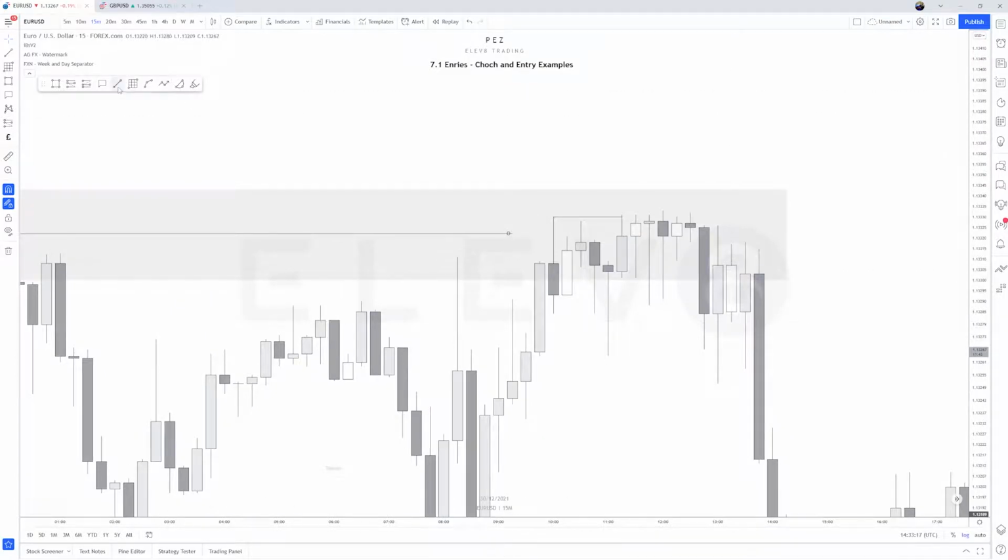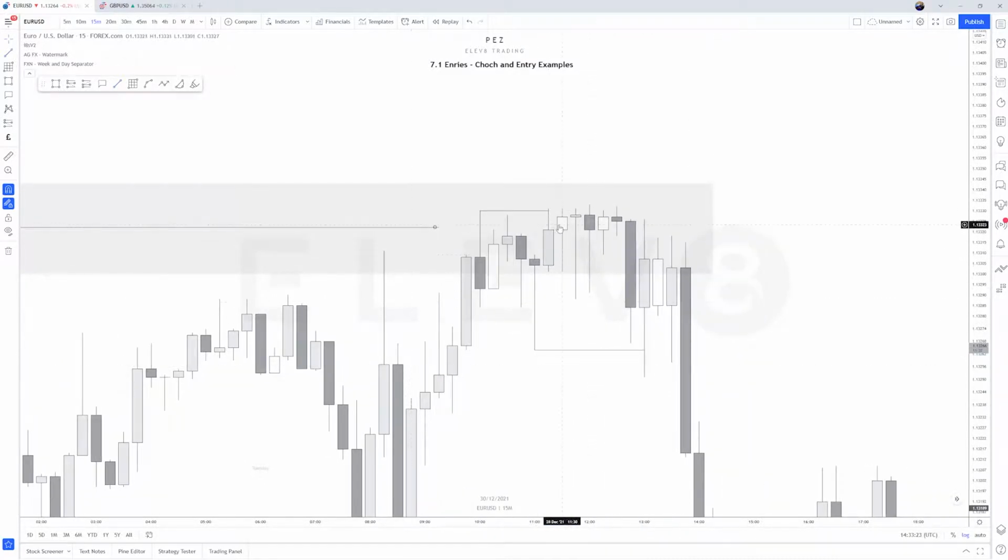And then the low we're looking to get taken is this low here, which created the high. And even though there's an inside bar, the high gets taken, but the low is already taken before. So if this low wasn't taken, then we'd use the inside bar. But as the low of the inside bar gets taken already, we can't use that.